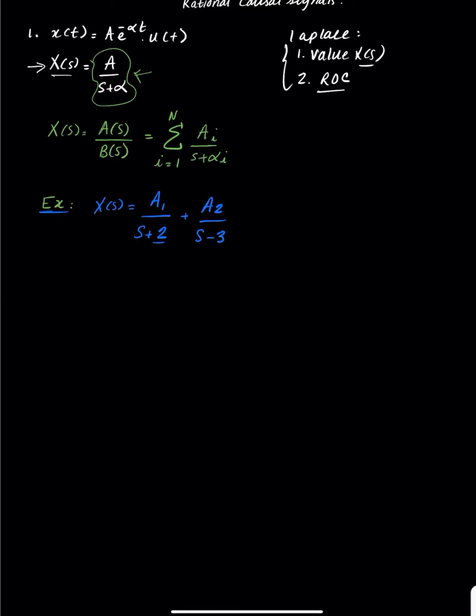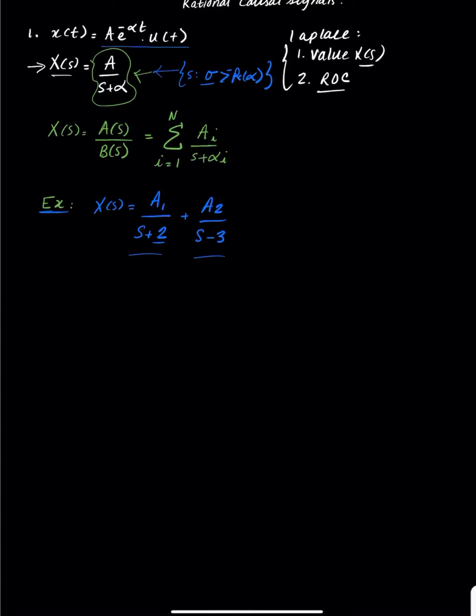Now, if you notice, we still know that our signal was causal, meaning it had multiple components, but both components are causal components, meaning that we have defined what the region of convergence for each component is. So we knew in the last video that if our signal is causal, the value of the Laplace transform is a over s plus alpha, and the region of convergence is such that the real part of s is greater than the negative real part of alpha.